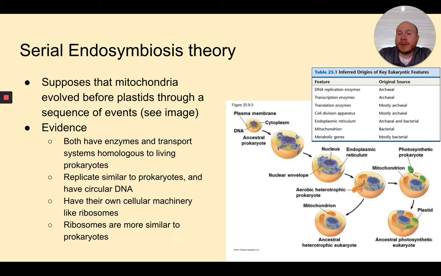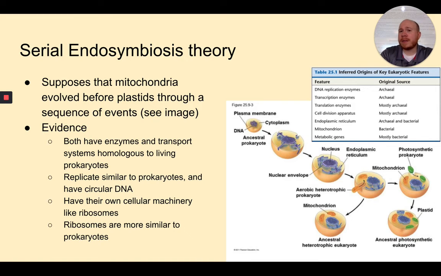So mitochondria and chloroplasts have their own DNA, and it's very similar to prokaryote DNA. They have their own cellular machinery. They have their own ribosomes. They can make their own ribosomes. They don't need the cell to make them for them, which would suggest that at one point they were probably their own cell. And the ribosomes are more similar to prokaryotic ribosomes than they are to eukaryote ribosomes, which would also suggest that they probably came from prokaryotes.